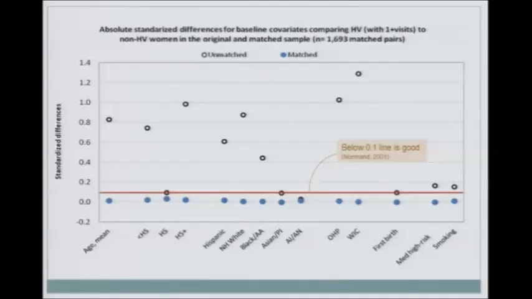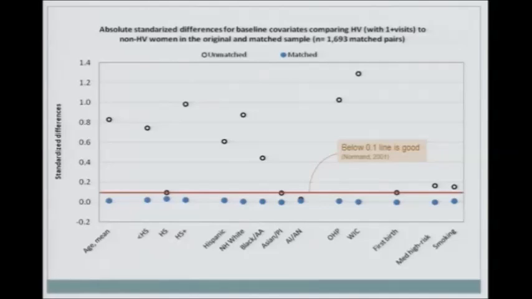These are standardized differences on the y-axis. So remember the equation I showed you about how to calculate standardized differences? The open holes are before she did any matching. So comparing the whole 18,000 program participants and non-program participants, this is the standardized difference between them.